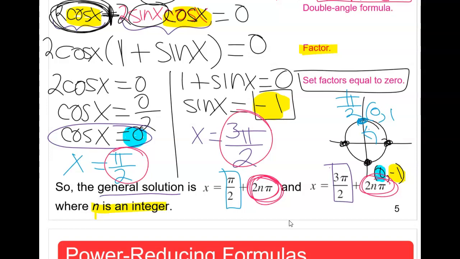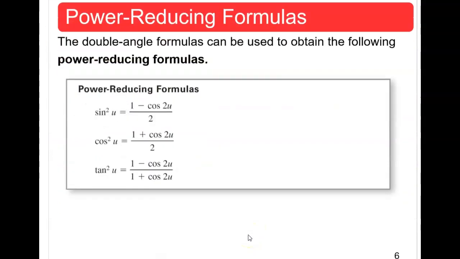So if n is equal to 0, then you don't add anything. If n is equal to 1, you add 2 pi. If n is equal to 2, you will be adding 4 pi, and so on. And of course, n being an integer, it could also be a negative number.